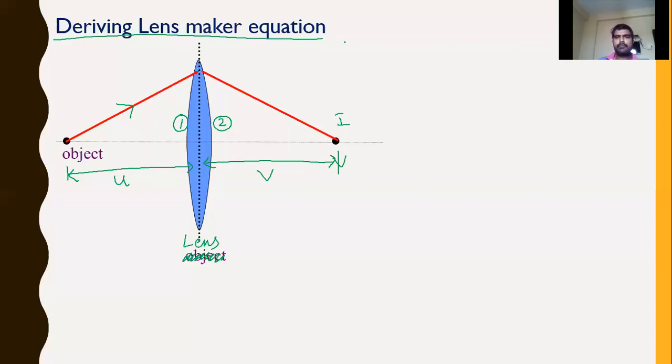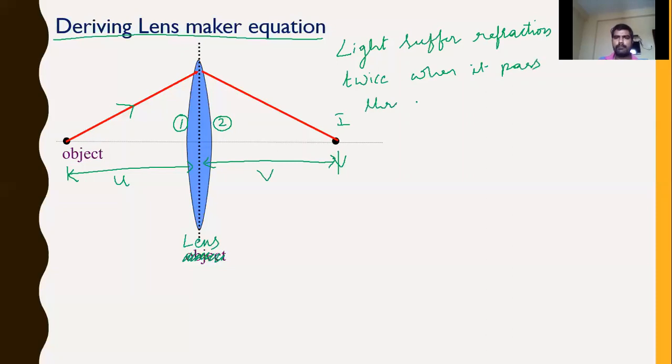Therefore, light suffers refraction twice when it passes through a biconvex lens.